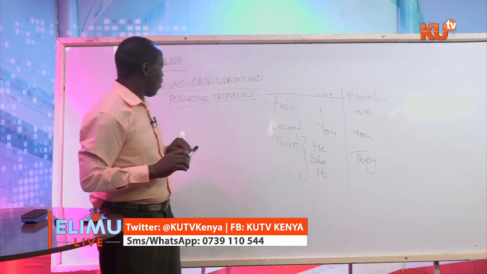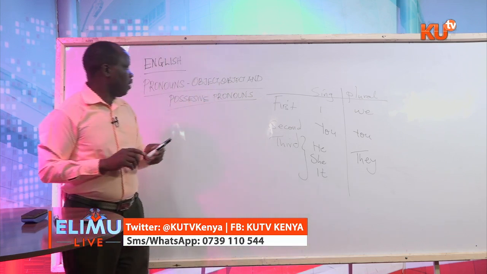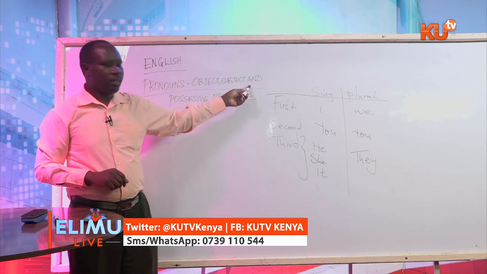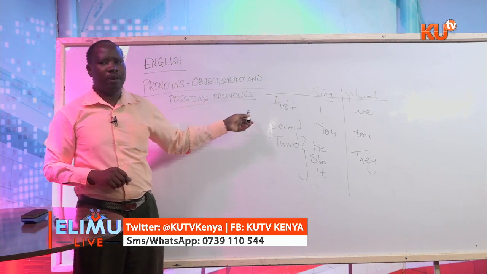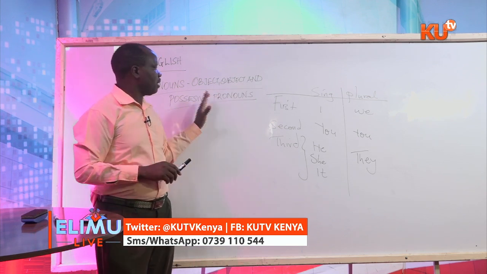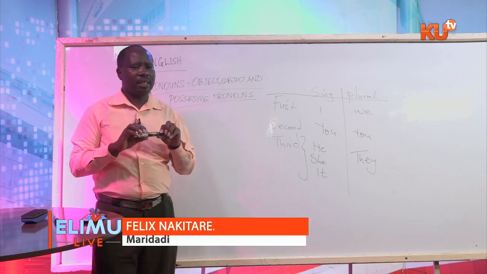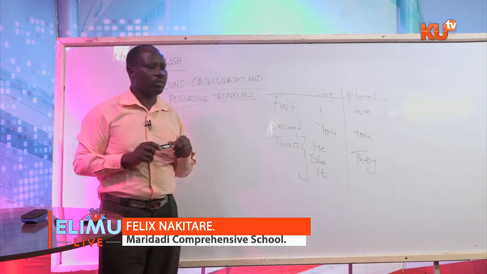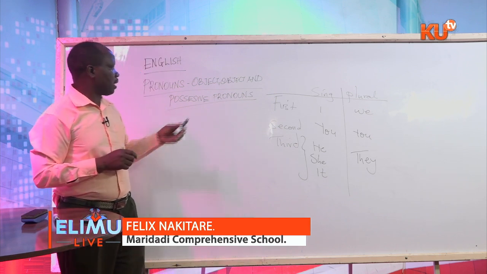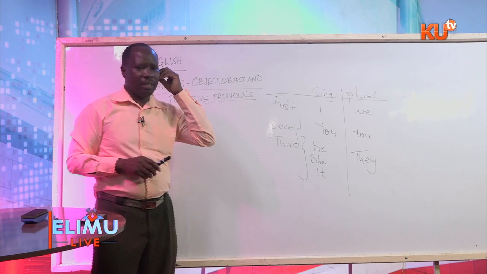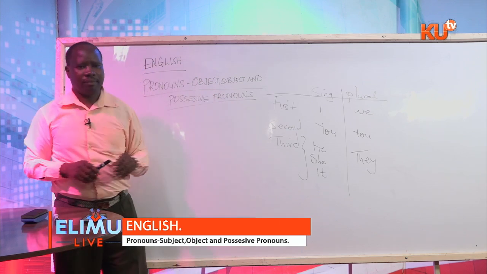And that is why in our substrand, we've seen object pronoun, subject pronoun, and possessive pronouns. But in our lesson today, we shall look at these three types of pronouns. There are more others that we shall look at later.